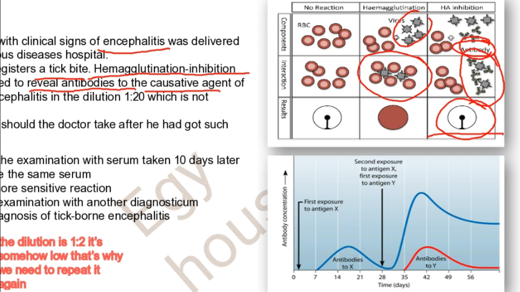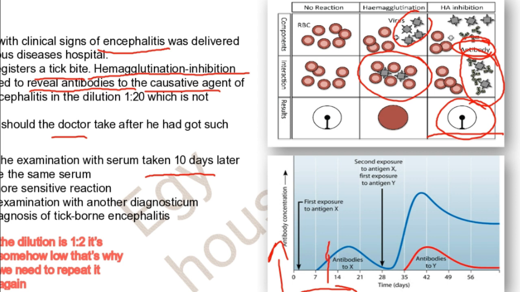inhibition reaction. And the doctor here suggested that we should take the serum and repeat the examination after 10 days, because of the time that the antibody needs to get fully differentiated and produced against the disease, and then we can really confirm the diagnosis.